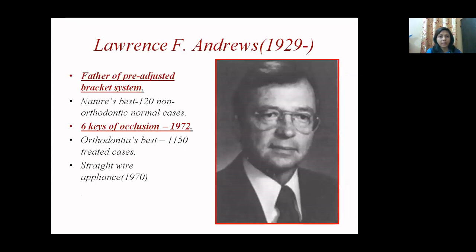Then Lawrence F. Andrews was known as the father of the pre-adjusted bracket system, because before that, in the edgewise appliance, the person had to do massive wire bending to correct the teeth in all three planes of space.